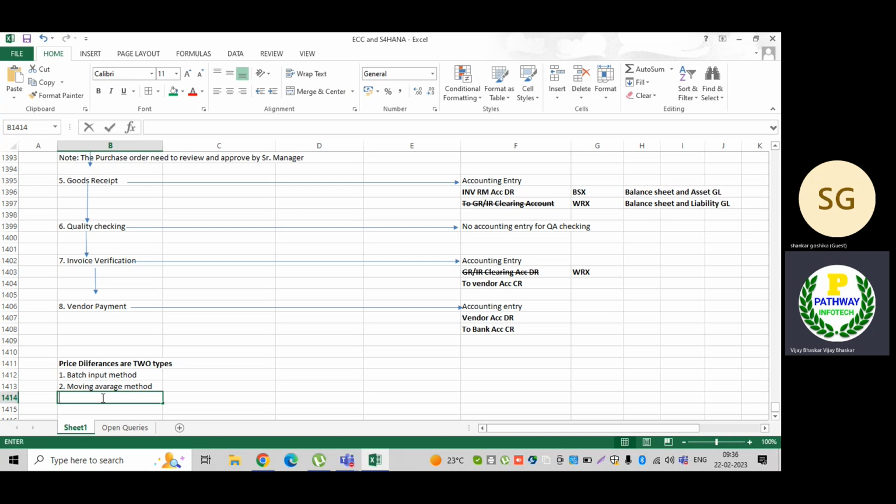Under the moving average method, there are three sub-processes. The first one is stock fully available. I'll mention it here.